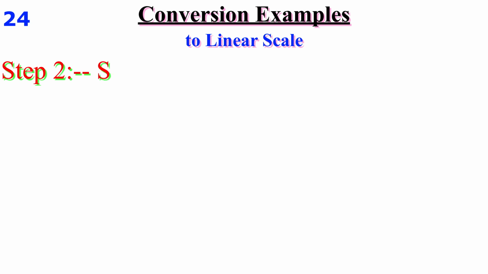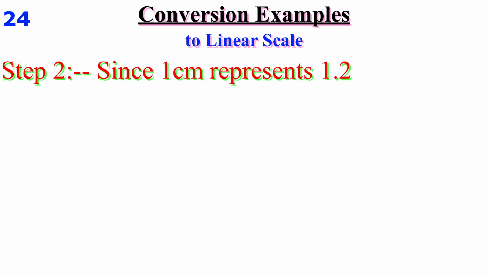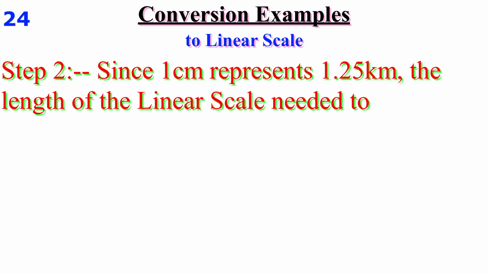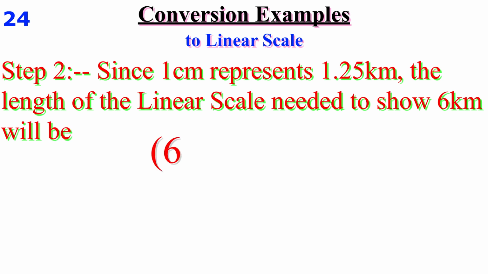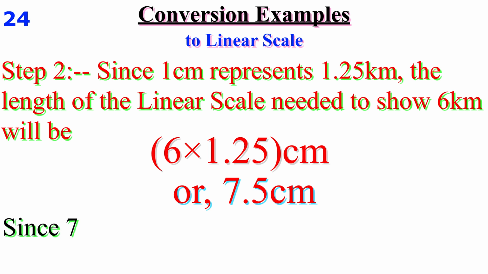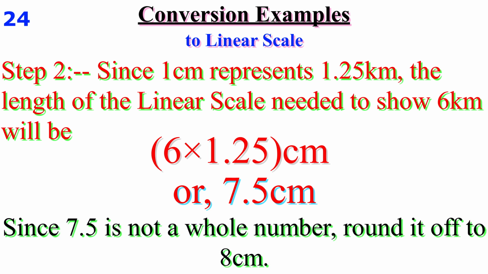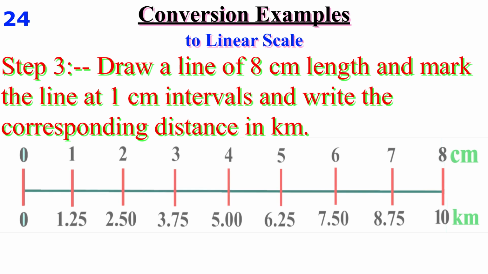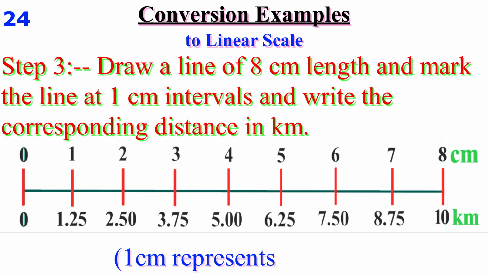Since 1 cm represents 1.25 km, the length of the linear scale needed to show 6 km will be 6 into 1.25 or 7.5 cm. Since 7.5 is not a whole number, round it off to 8 cm. Okay. Now, third step. Draw a line of 8 cm length and mark the line at 1 cm intervals and write the corresponding km distance as shown at present on your screen.